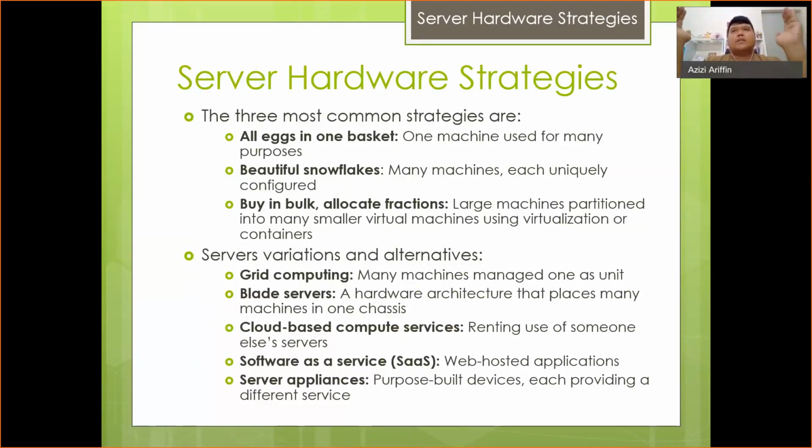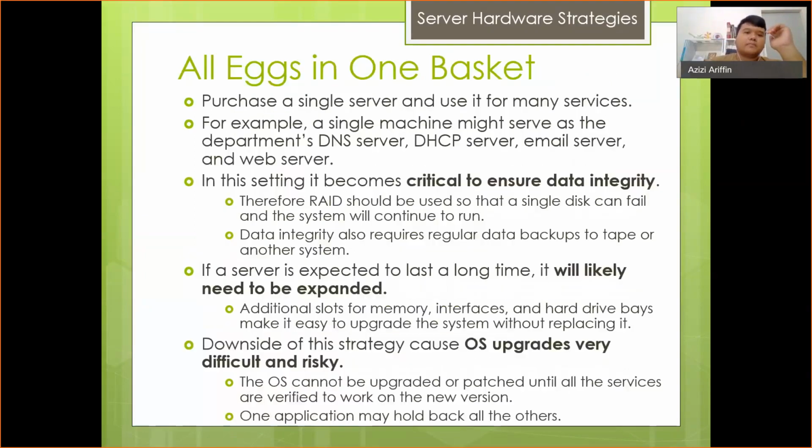So you have this one physical machine which has already been pre-configured with, for example, DNS services or firewall services, right? So it only does one thing and it will do it well, right? That is a server appliance. Okay.